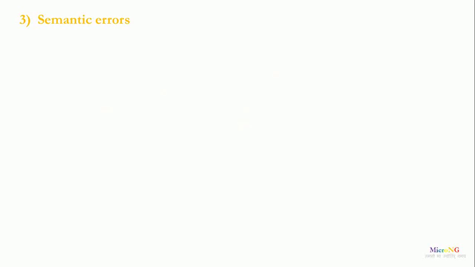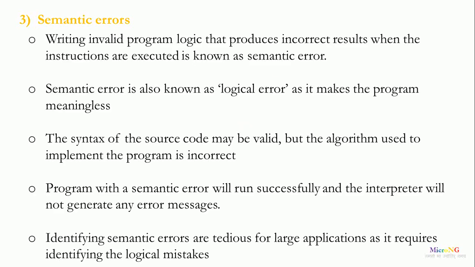The third type of error is known as semantic errors. Writing invalid program logic that produces incorrect results when the instructions are executed is known as a semantic error. A semantic error is also known as a logical error, as it makes the program meaningless.